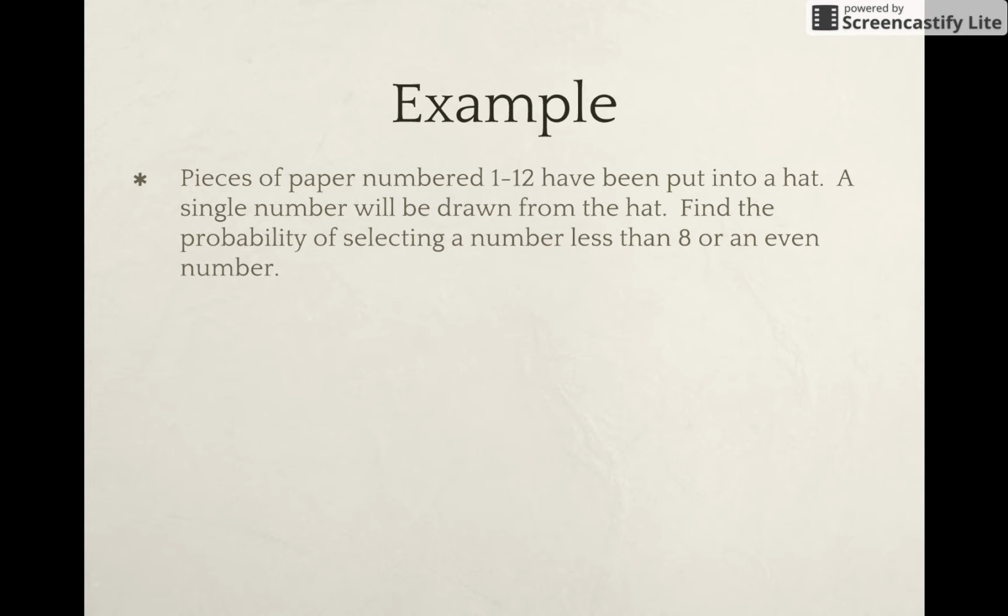Let's consider the example of having 12 pieces of paper numbered 1 through 12 and putting those pieces of paper into a hat. A single number will be drawn at random from the hat, and we wish to find the probability of selecting a number less than 8 or an even number.